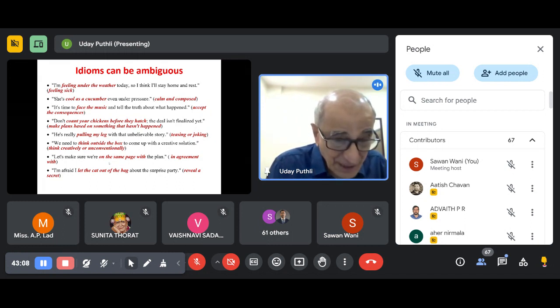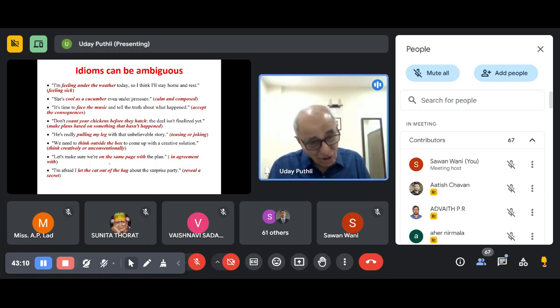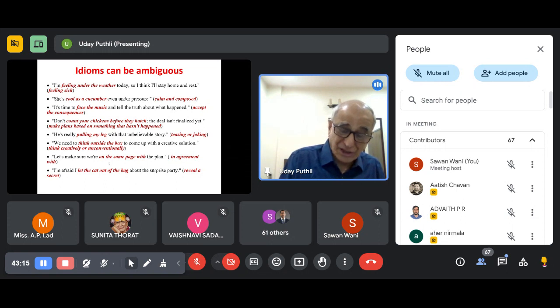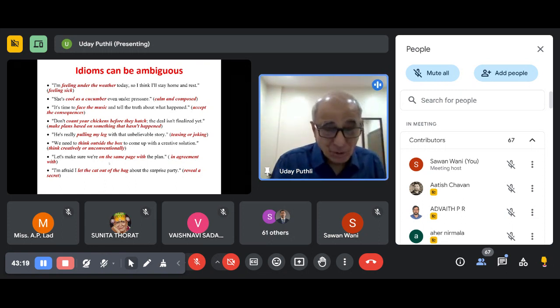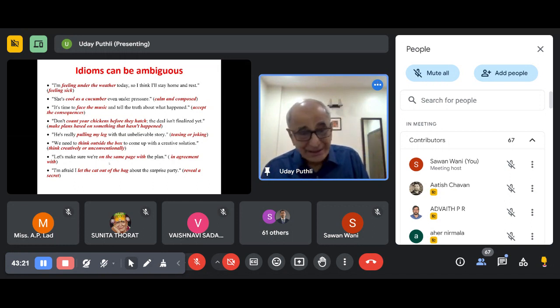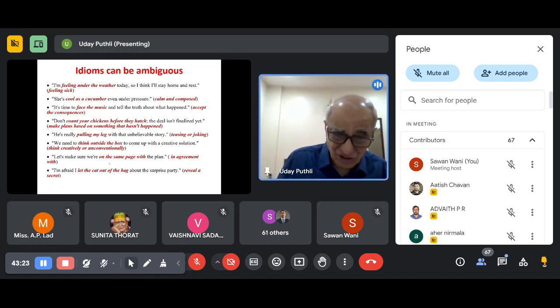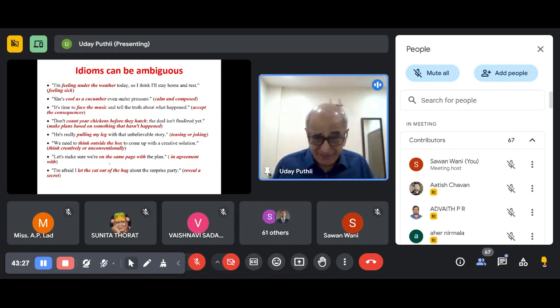That's what it is. We need to think outside the box. This you must be knowing. Thinking outside the box is used a lot now technically, but it is an idiom to come up with a creative solution, to think unconventionally, to think in a different way from everybody else, which helps you to be creative and innovative and come up with different inventions.